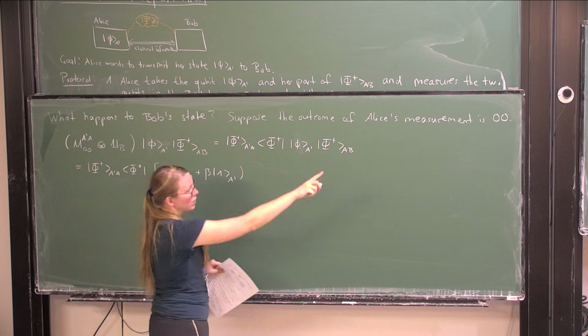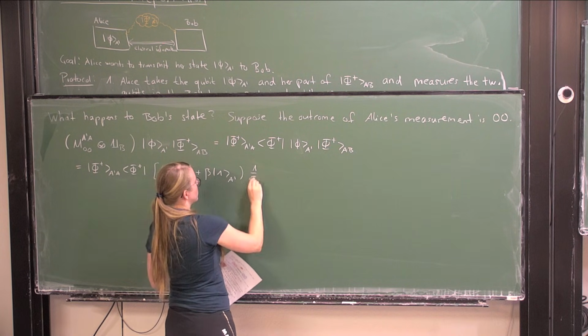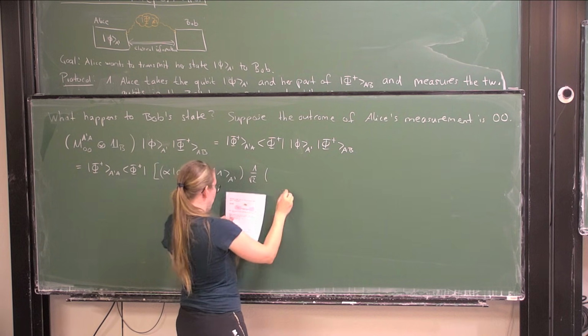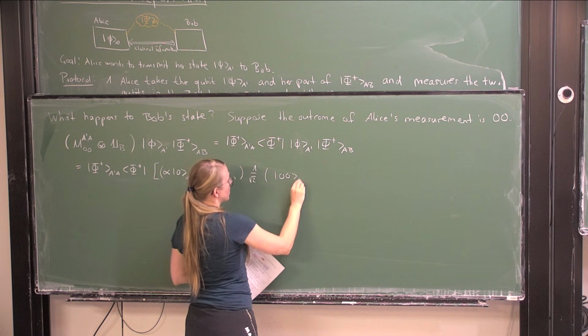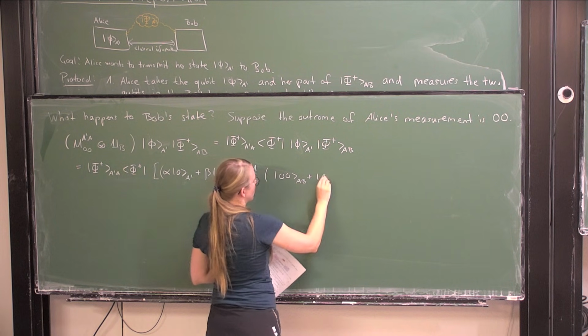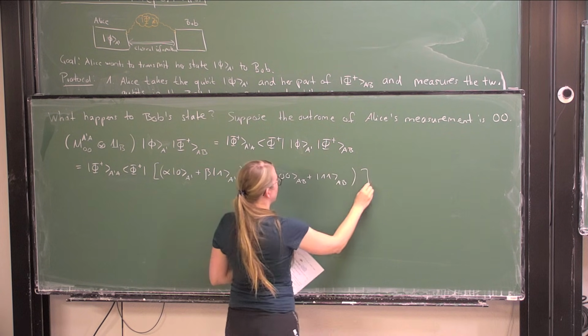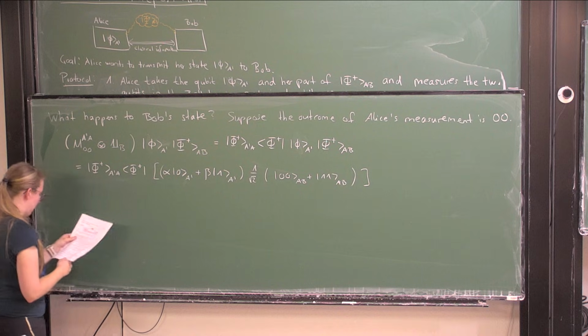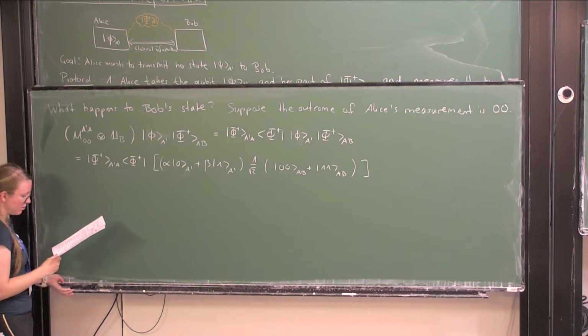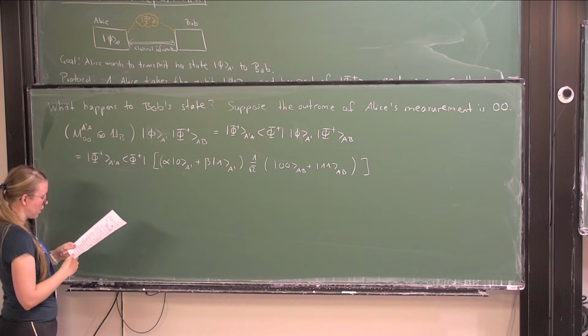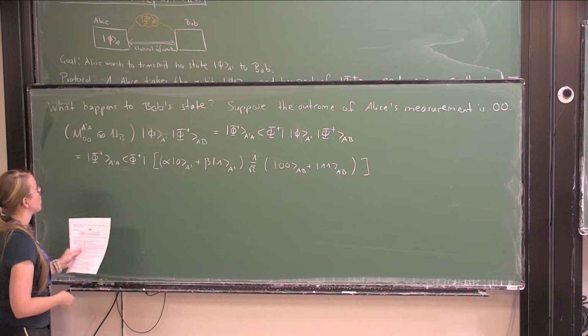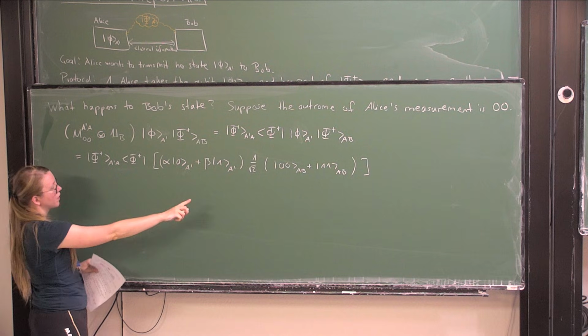In the phi plus state we have defined over there, so it's 1 over square root 2 on 0, 0 on AB plus 1, 1 on AB. Now, I've inserted this.